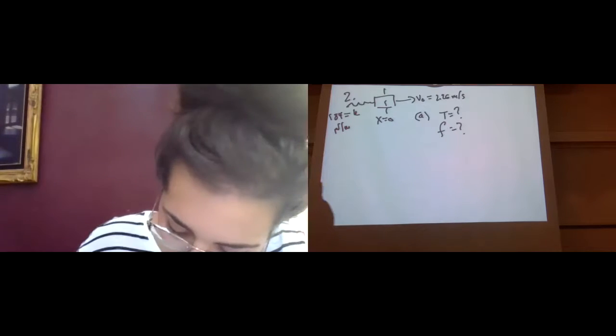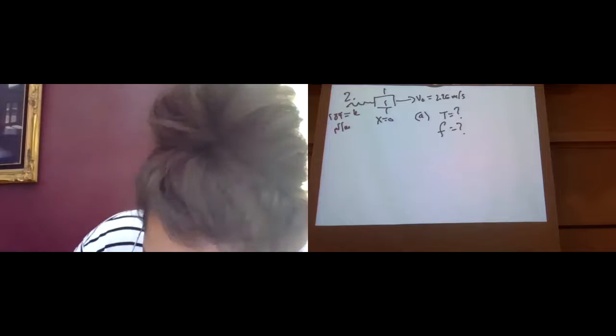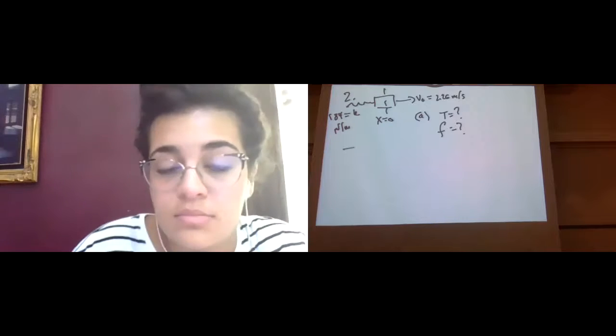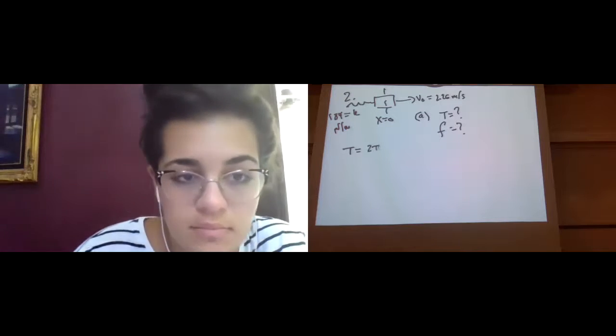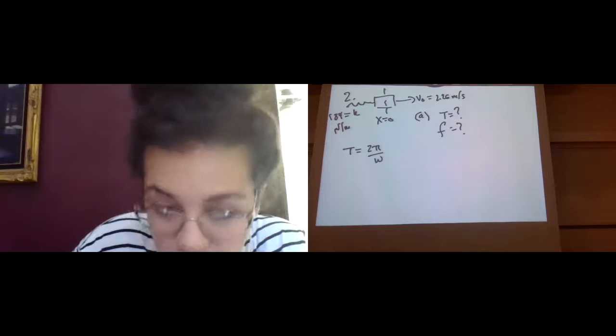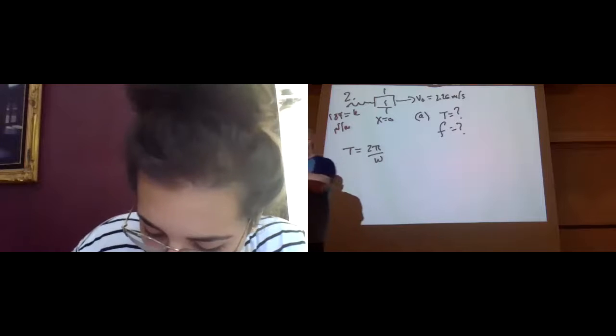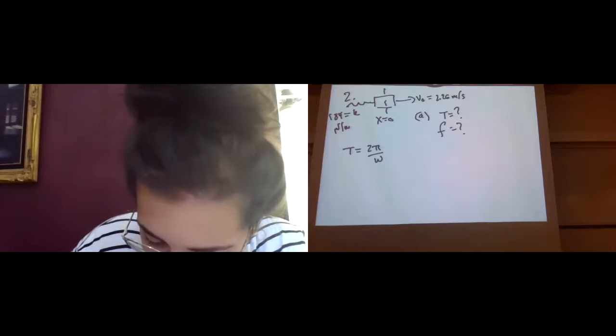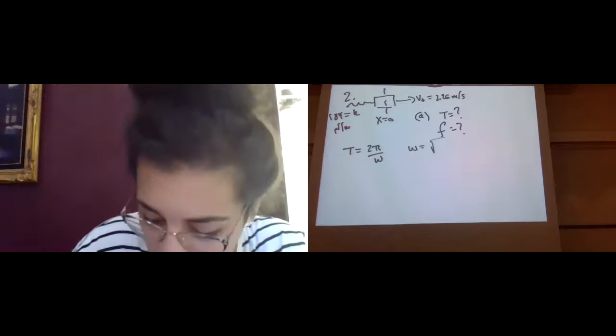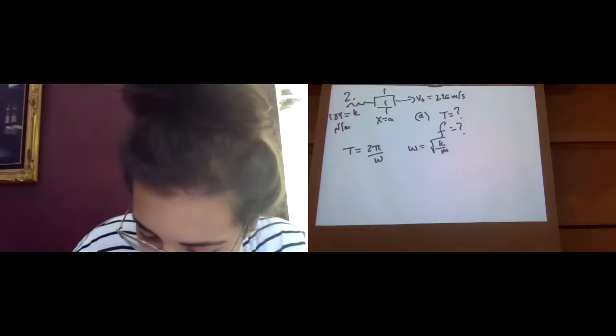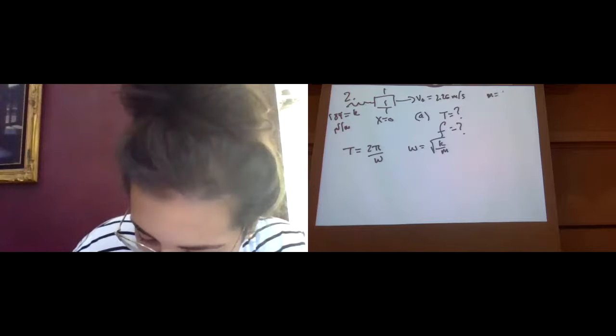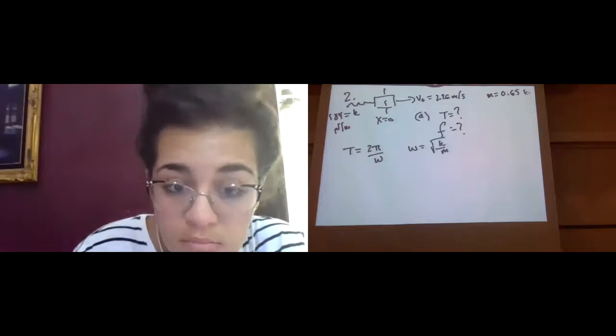Okay? So good. Let's talk about what we know. What we know is that the period is related to the angular frequency by 2 pi. What else do we know? Well, it's a spring mass system, so the angular frequency is the square root of the spring constant divided by the mass, where the mass is equal to 0.65 kilograms.